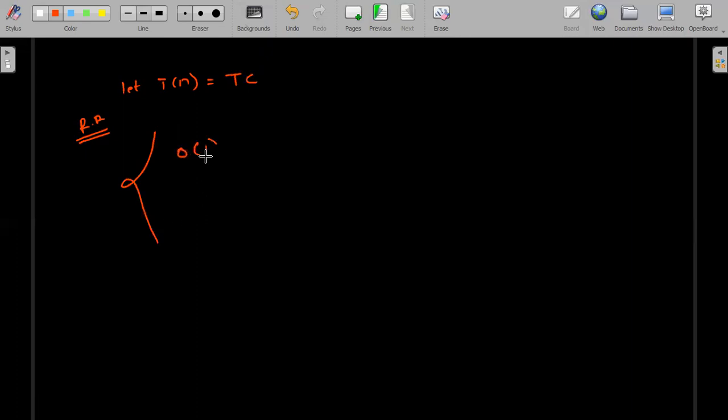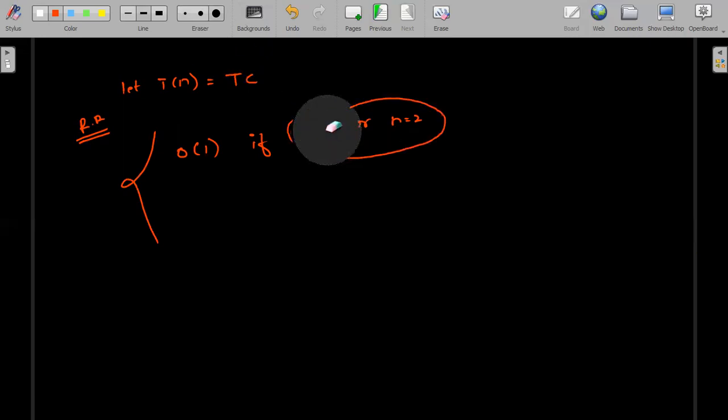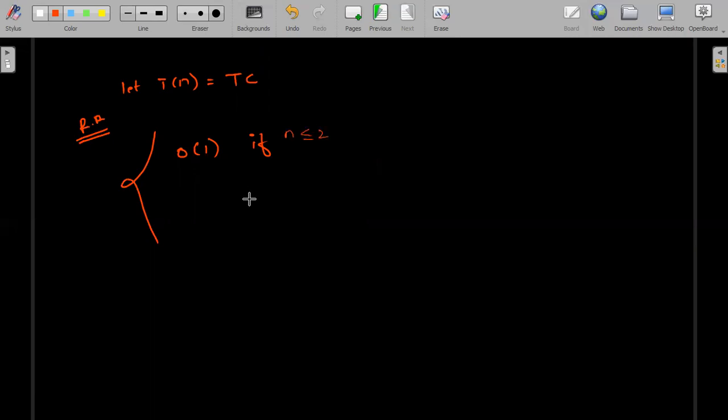Big O of 1, if n is equal to 1 or n is equal to 2. Either you can write like this also, otherwise there is another way, don't worry. Like this, n is less than or equal to 2, this is also okay, no problem.